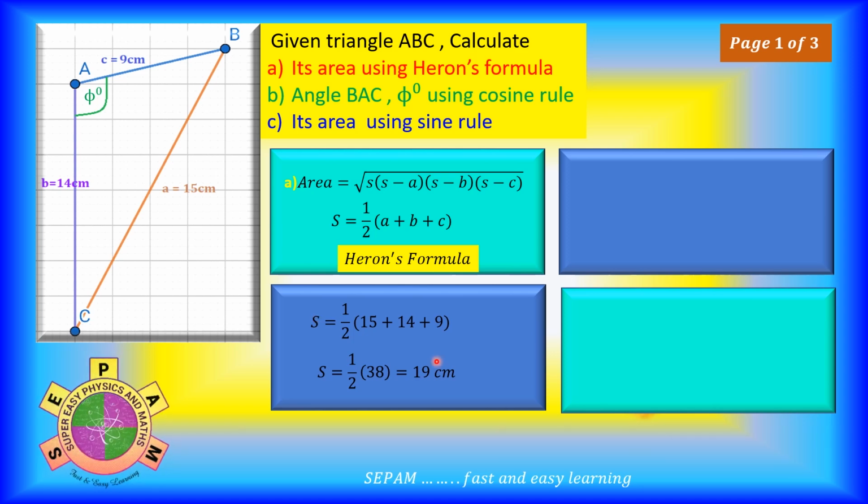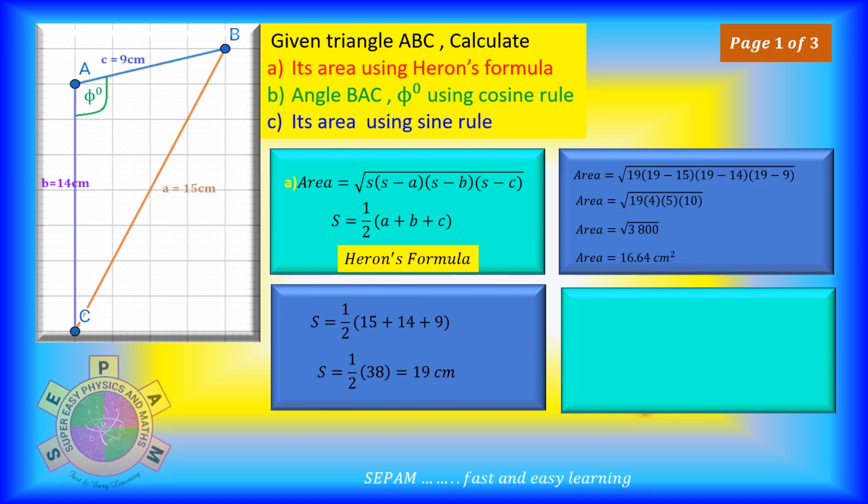So half of the perimeter is 39. Substituting into Heron's formula, let's see what we have. So the area is equal to 16.64 cm squared.